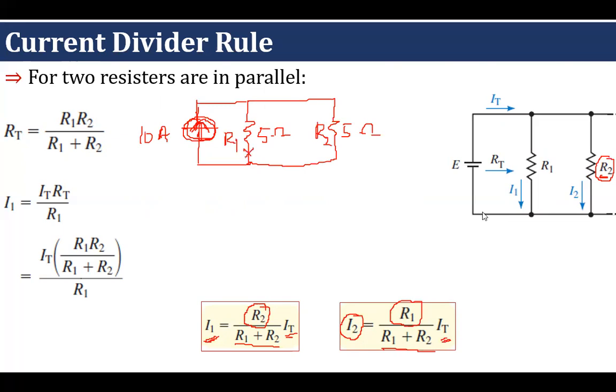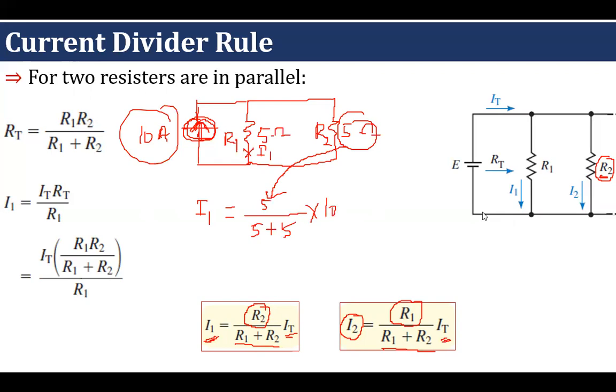Suppose I'm trying to find the I1 value. I can easily write I1 equal to this resistor at the top. Since I have taken both resistors equal, that is going to cause a little confusion, but do not worry about it. I am pointing through the arrow. Multiply with the current value from the source, 10 ampere, so this is going to be equal to 5 ampere. Similarly, the value of I2 will be equal to 5 ampere.